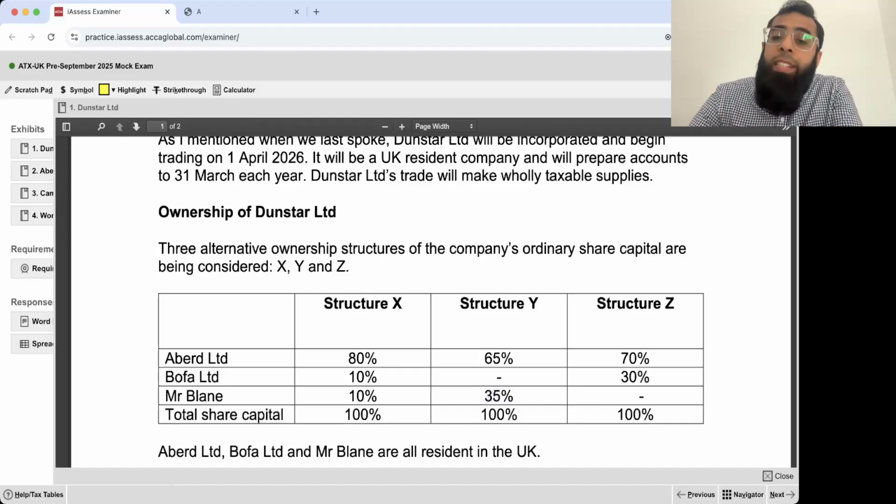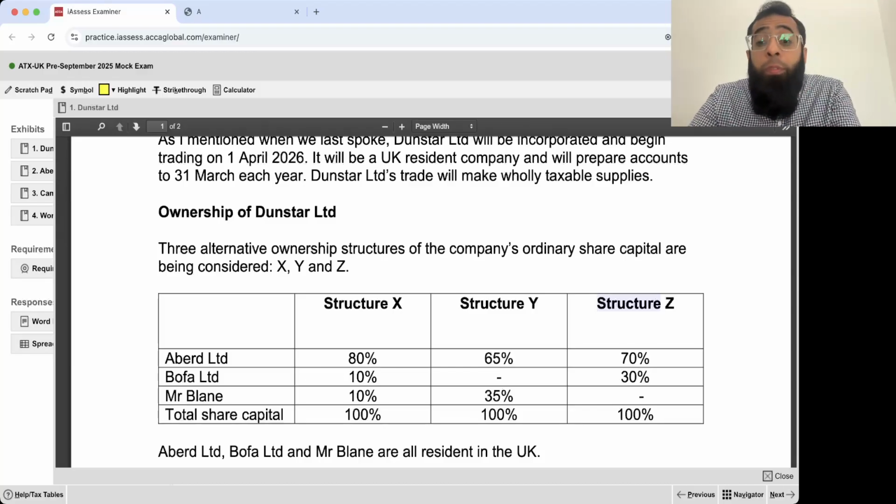Then in structure Z, Abrid owns 70% and BOFA Limited owns 30%. Yes, now a consortium can be formed because it is a situation of company ownership. Okay, we will discuss each of the structures. Abrid Limited, BOFA Limited, and Mr. Blaine are all resident in the UK.